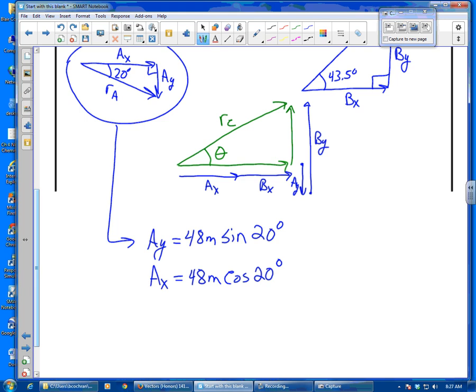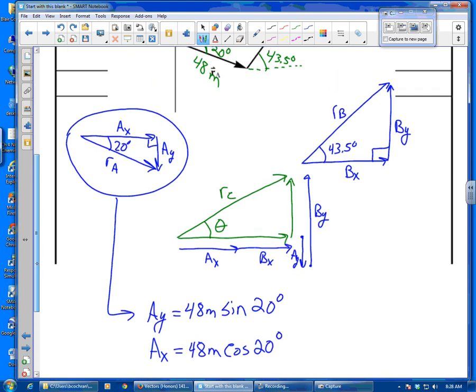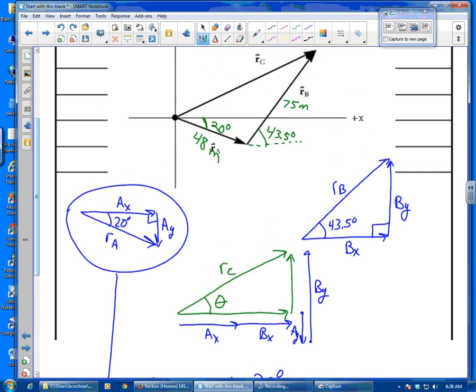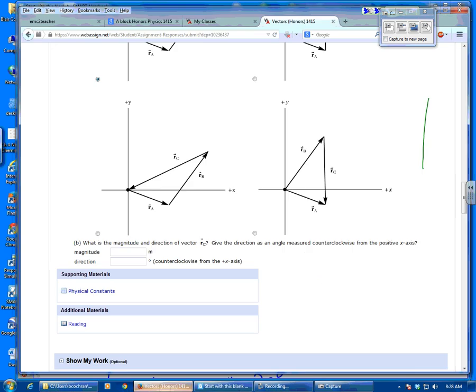Pause to make sure that everyone understands how I got those. Yes. How did I know that right angle was on top? Because they told me the 20 degrees went from the x-axis clockwise down to the vector.